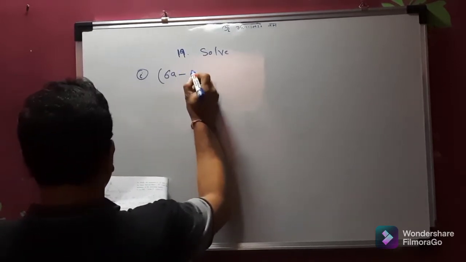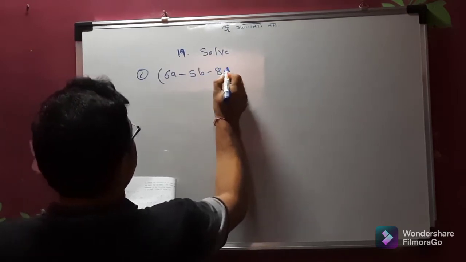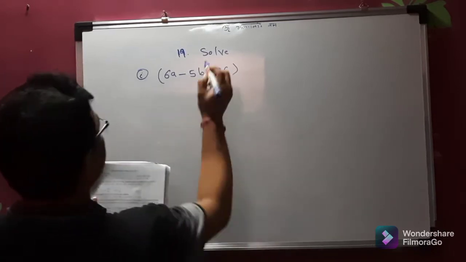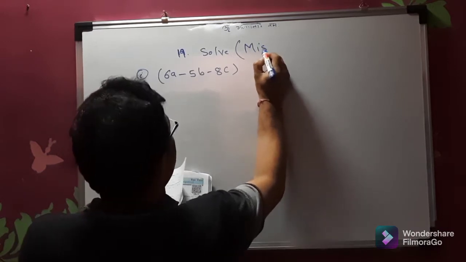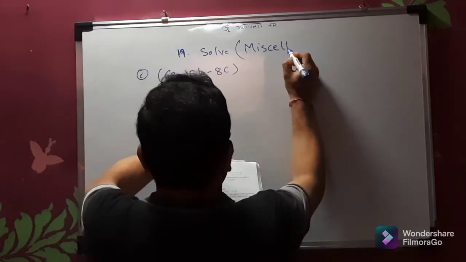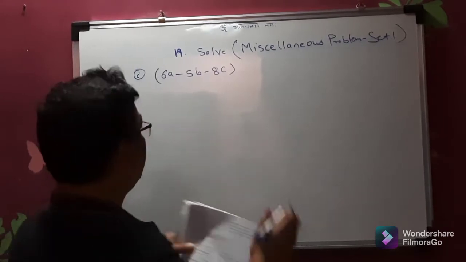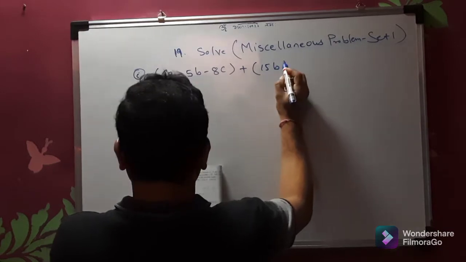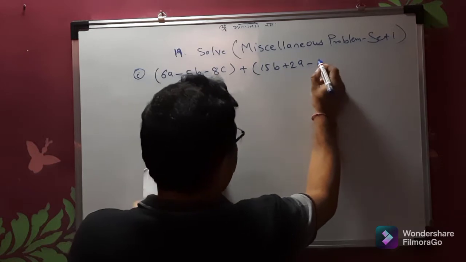So 6a minus 5b minus 8c. It is this problem we are solving from the miscellaneous problem set, plus this is 15b plus 2a minus 5c.